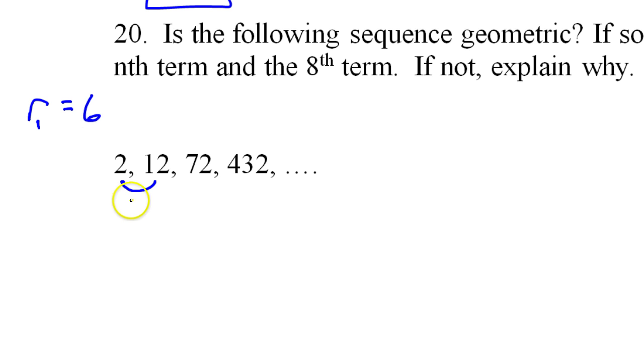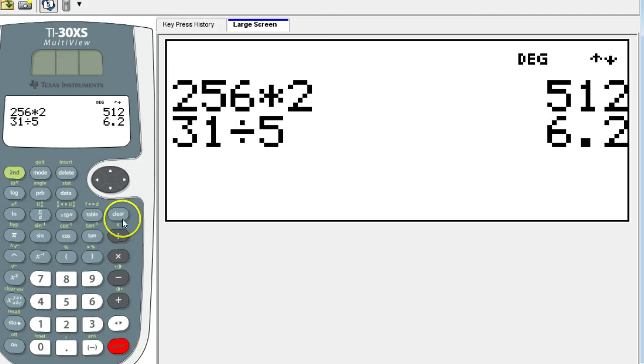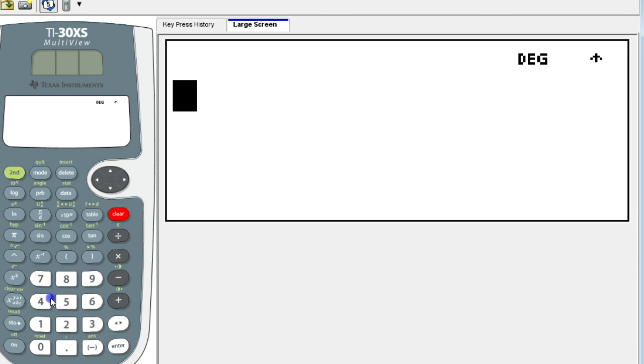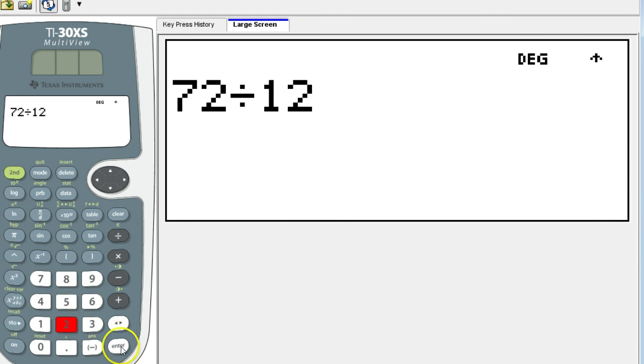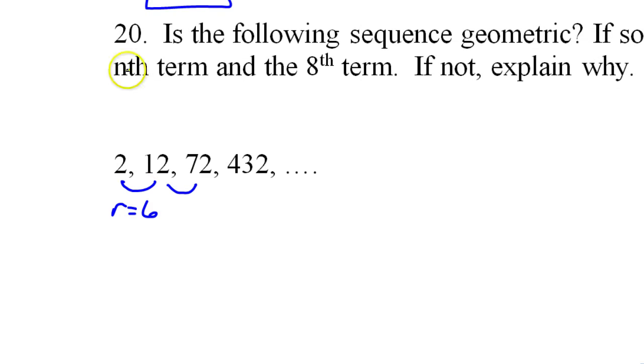So that's a ratio of 6. I guess I will just do it right here. If I do these two, that's 72 divided by 12. And you know what this is. That is also going to be 6. Okay, so far so good. Now, what about these two?